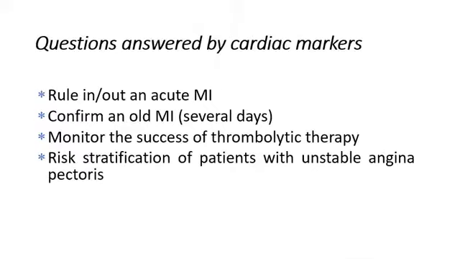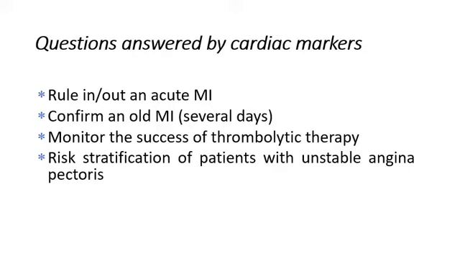Once the results of the cardiac marker are returned to you, what is it used for? The first thing that is useful is ruling in and ruling out myocardial infarction. Second, confirming an old myocardial infarction.